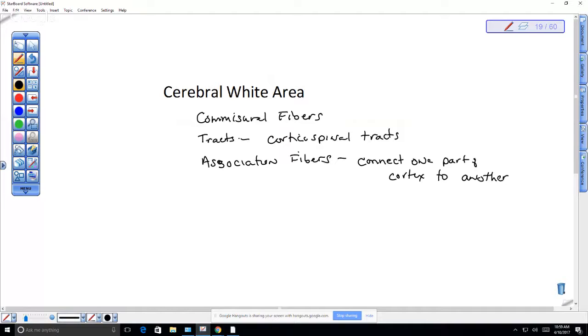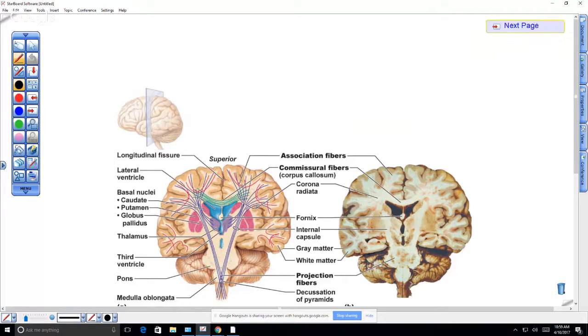So if we look at an example of this, okay. Just paying attention to the lines, and noticing the lines are in the white area, right? So this is my commissural fibers. This is my corpus callosum. This is called the corticospinal tract. There's another word for it. It's called pyramidal.